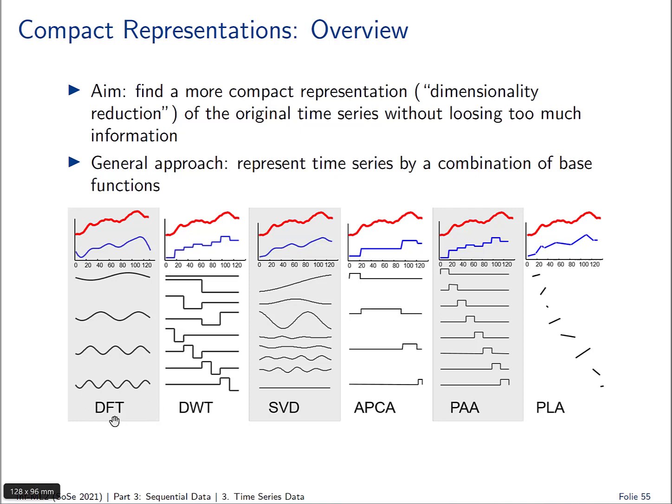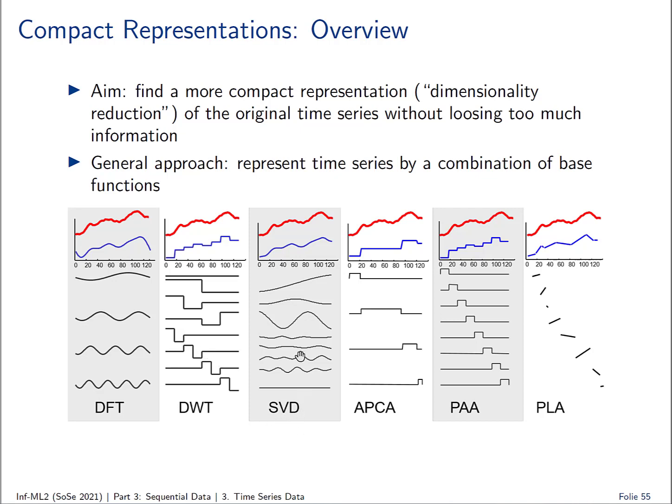So Fourier transformation, for example, it's about sine and cosine base functions. Wavelet, discrete wavelet transformation here, it's about wavelet functions.